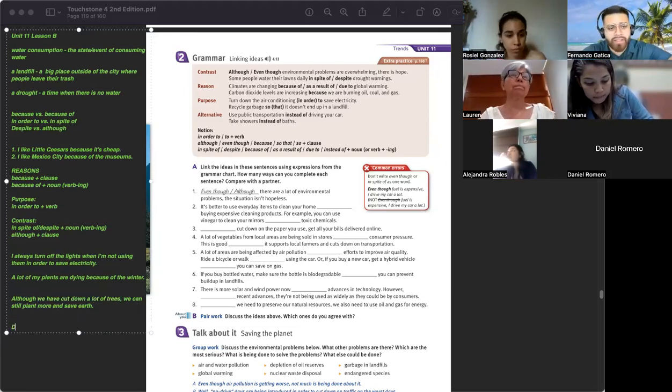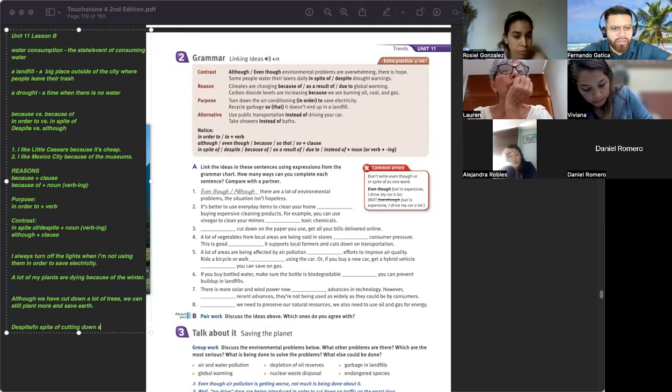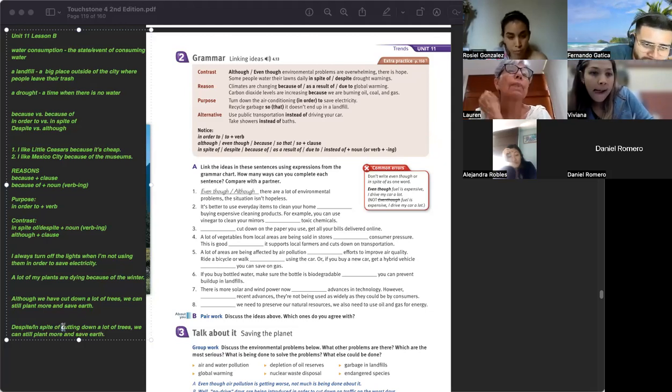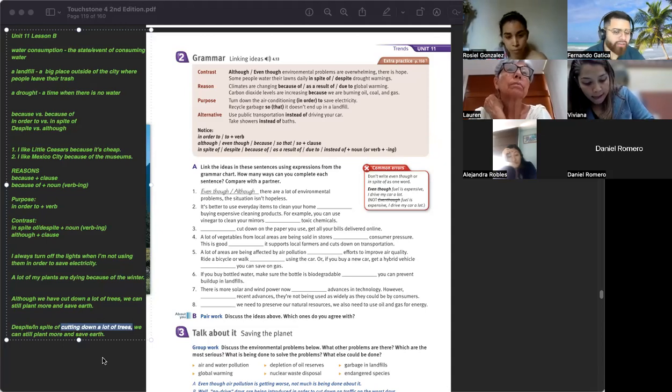Now, I could also say this, despite or in spite of cutting down a lot of trees, we can still plant more and save Earth. Because this is a verb with ing, it's a noun, cutting down a lot of trees.